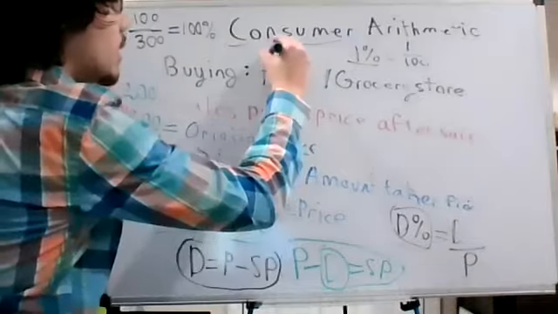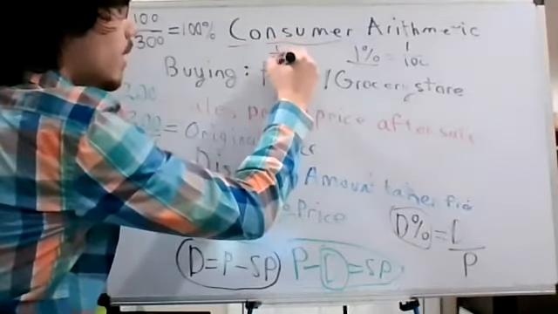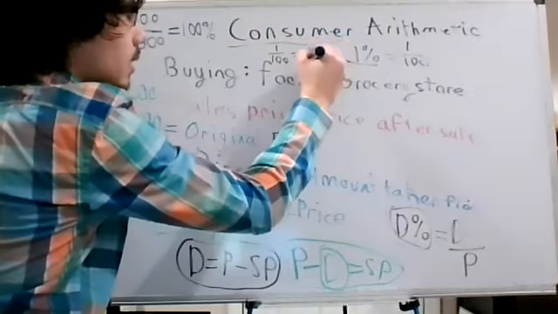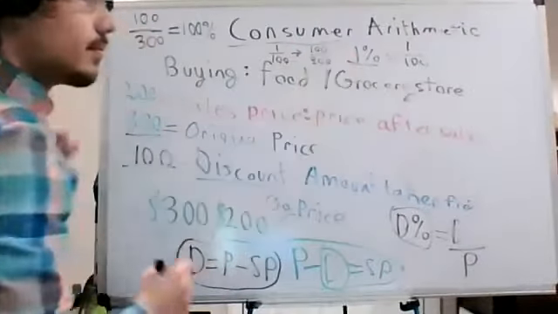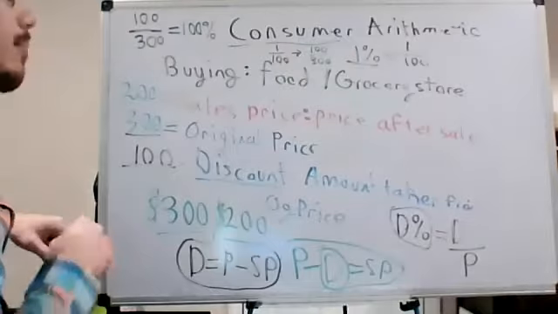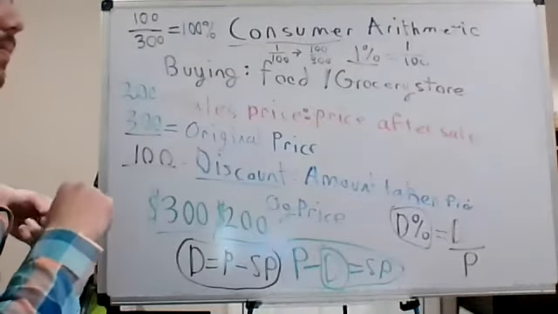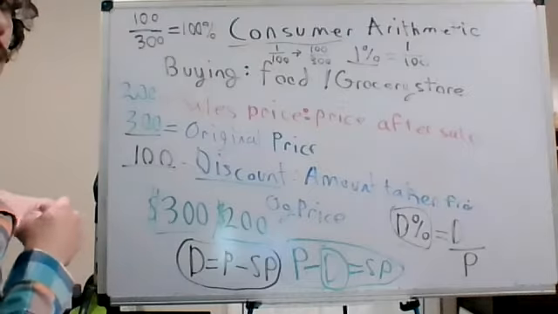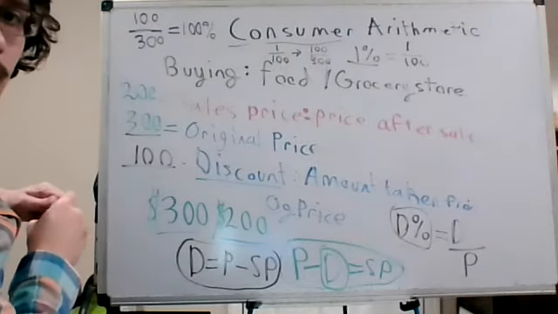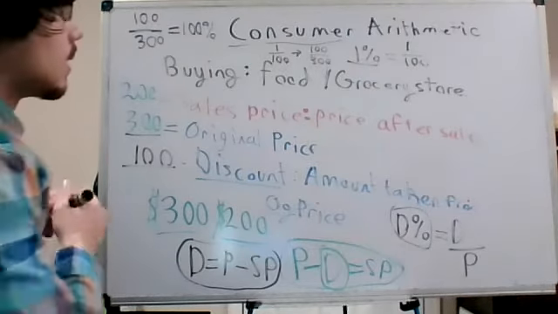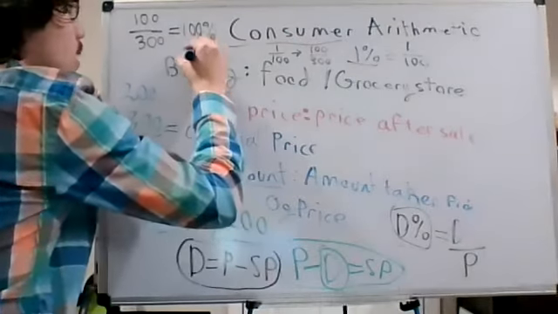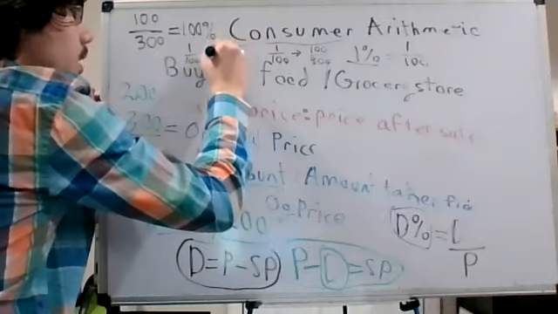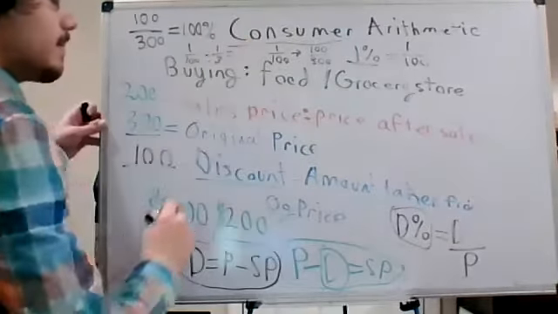So how can we get 1 over 100 to be 100 over 300? Could we multiply it by something? You multiply it by 1 over 3. Okay, let's try. 1 over 100 times 1 over 3 is equal to what?